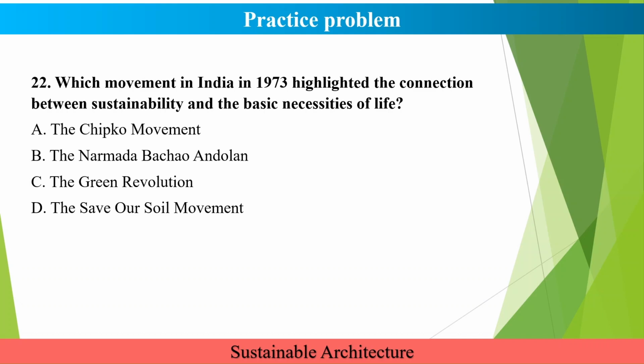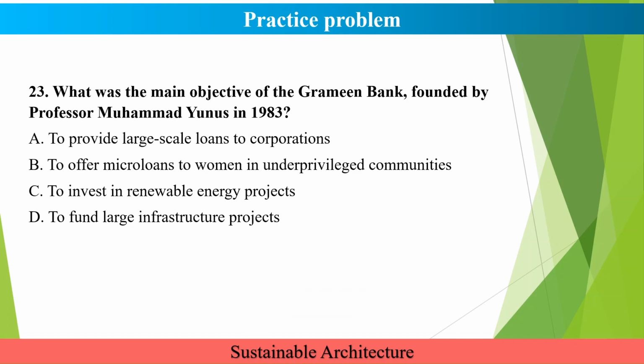So I think there is a very good response from all of you, and this is a quick revision of your full week's course. Let's see how question number 23 is answered by all of you. What was the main objective of the Grameen Bank founded by Professor Muhammad Yunus in the year 1983?